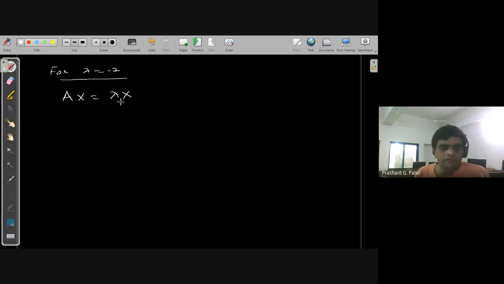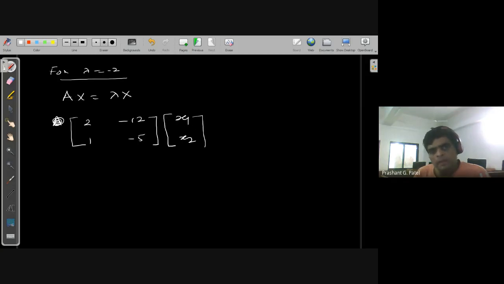In place of A we have this matrix, 2 minus 2, 12, 1 minus 5. Let us consider x as x1, x2. This is equal to lambda, and the value of lambda is minus 2, and x is x1, x2. The ultimate goal is to obtain the non-zero values of x1 and x2.